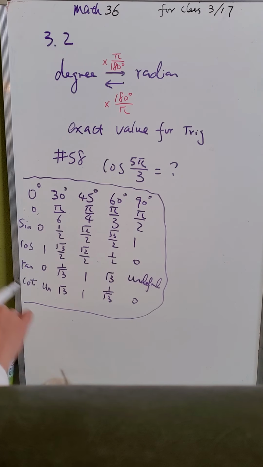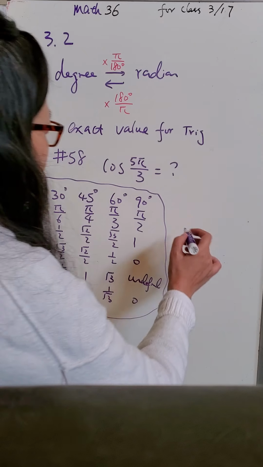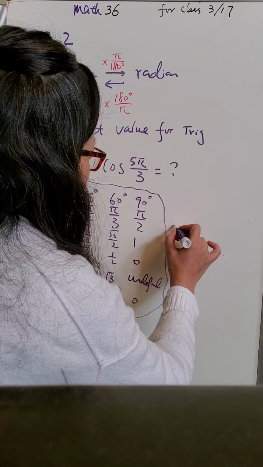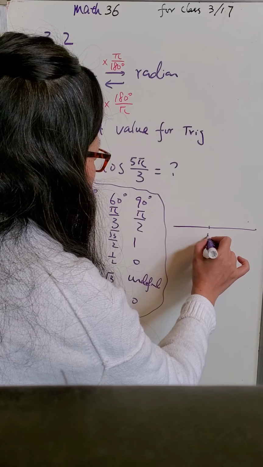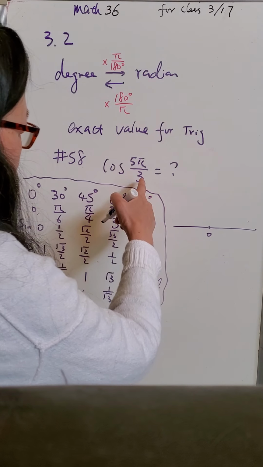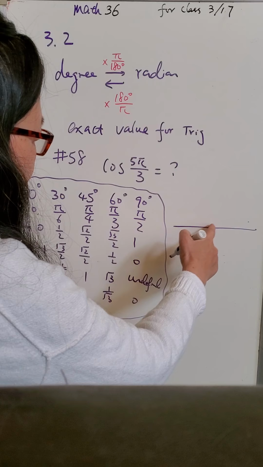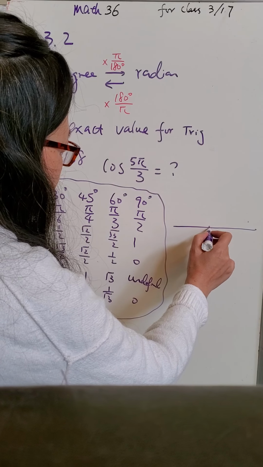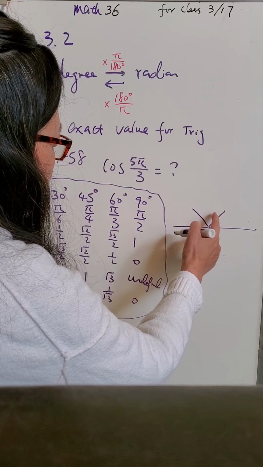First of all, I'll teach you a fast way to look at this. Put 0 here. There's a 3 here, which means you divide this into 3 parts: 1, 2, 3.